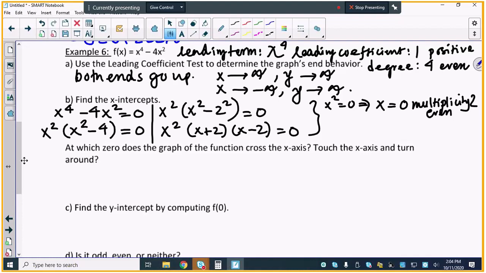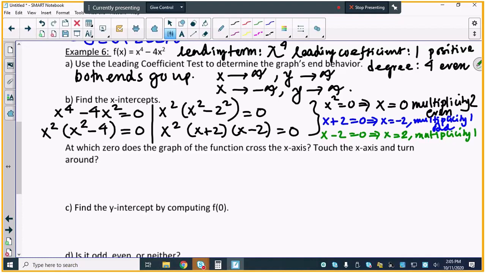The other zero is going to come from the factor x plus 2 equal to 0, which is going to give you x equal to negative 2. So clearly the multiplicity is 1. That's odd. And the third and final zero is x minus 2 equal to 0, which gives you x equal to positive 2. Again, the multiplicity is 1, which is odd.